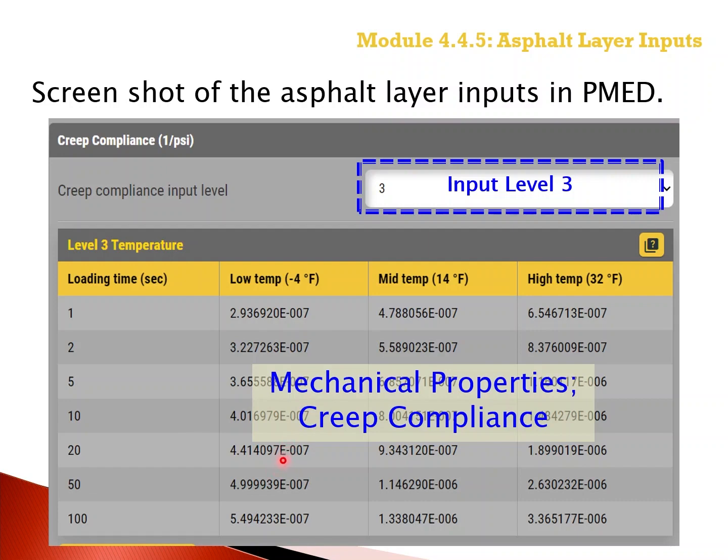When the designer selects creep compliance input level 2, the measured dynamic modulus input level 1 values for the mixture must be included. For creep compliance input level 1, the measured values from AASHTO T322 are imported or entered into the software.